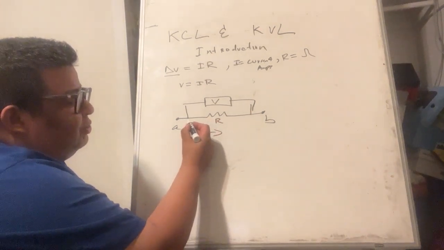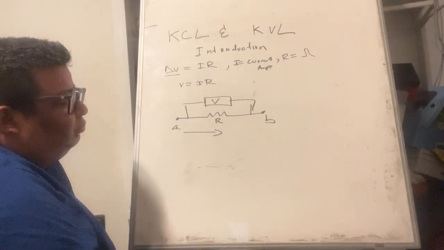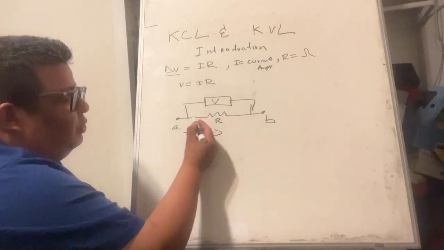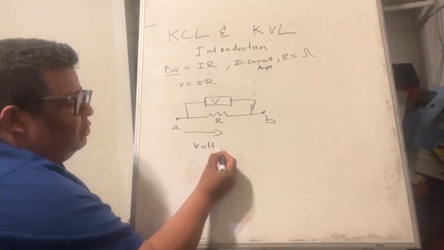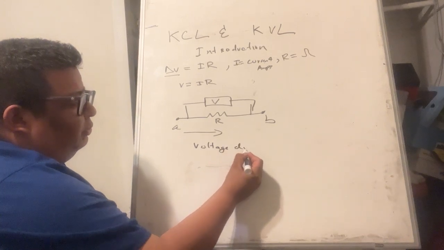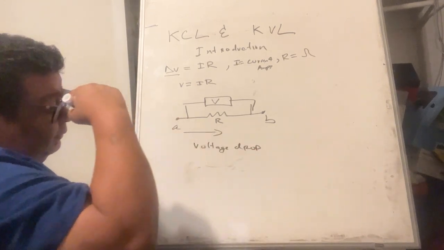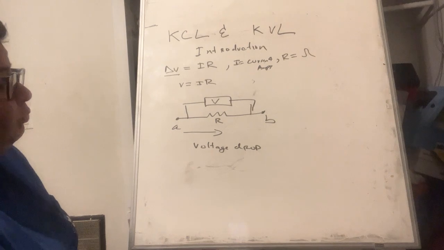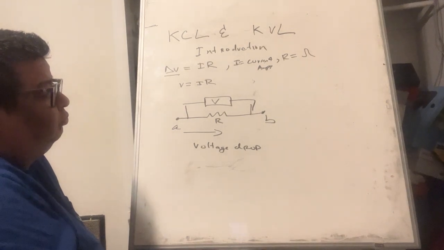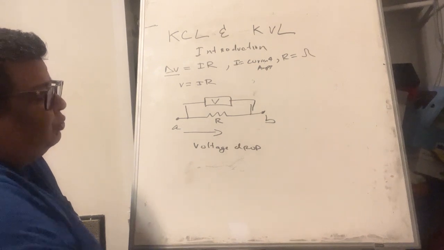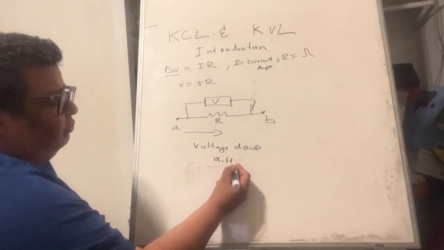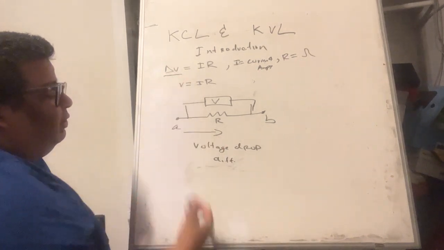So voltage is measured across. When you measure across in the direction of current, this is called a voltage drop. That's why it's a difference, and that's why we call it delta V.